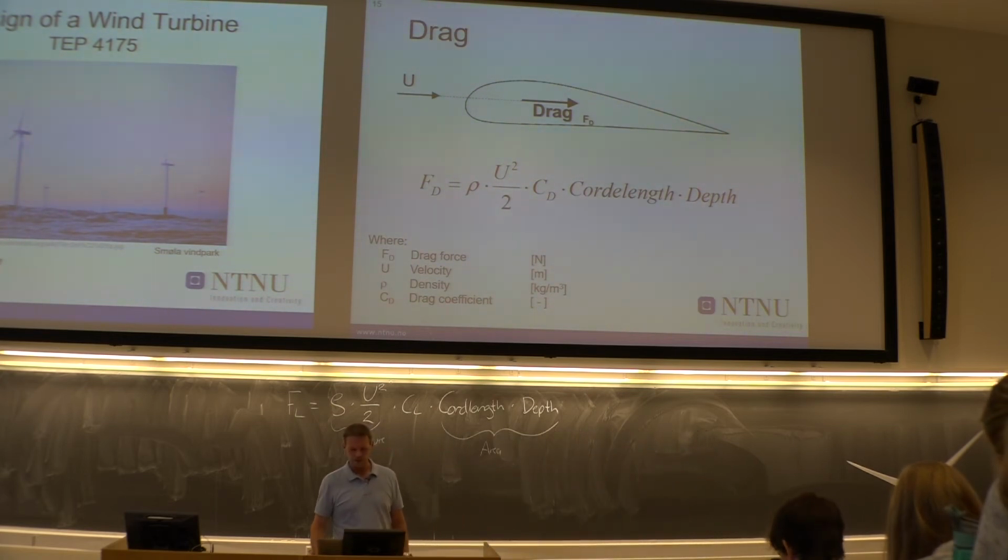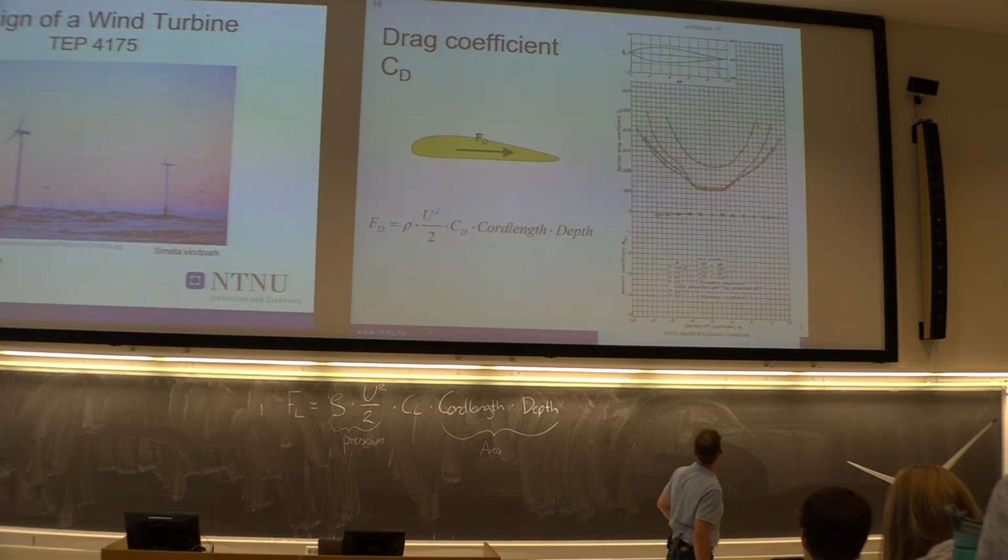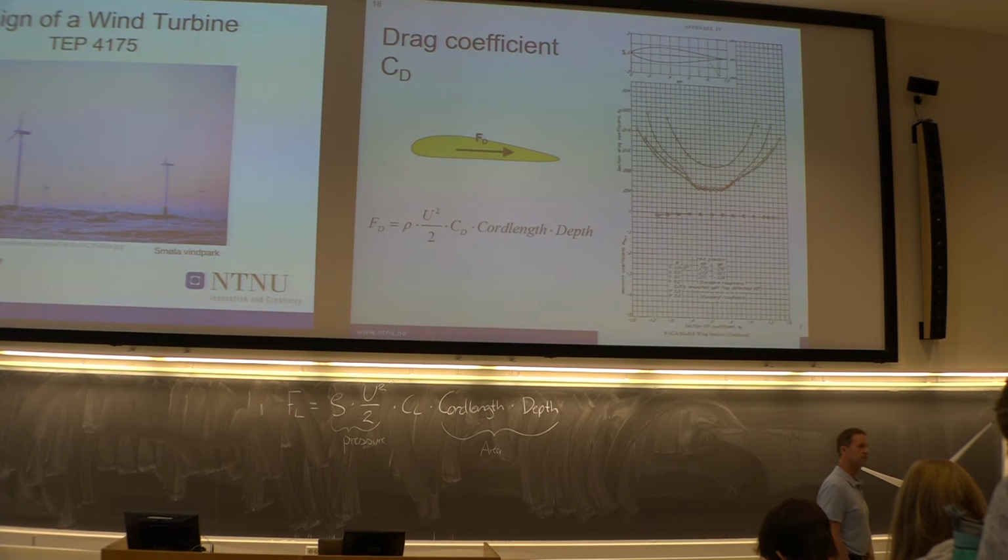If you look at the drag coefficient relative to the angle of attack, you see that the numbers are a lot smaller. Here we are talking about something from 0.004 up to 0.02. Remember, the lift coefficient was from 0 to 1.75.